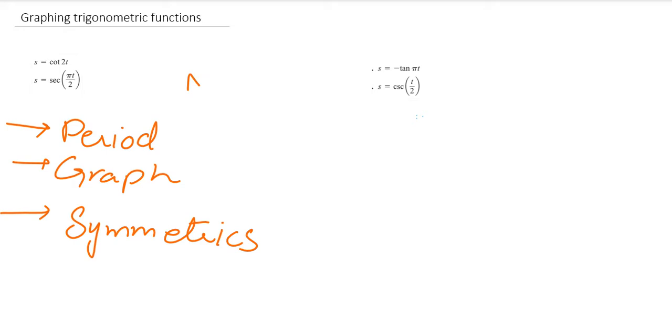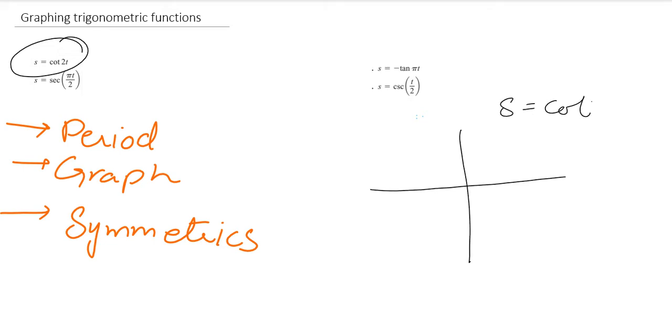Okay, so let's take the first example, that is s is equal to cos 2t. You know about the original graph of s is equal to cos t. It starts from here and ends up at this type of position.